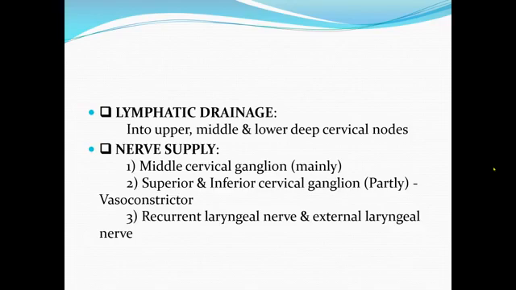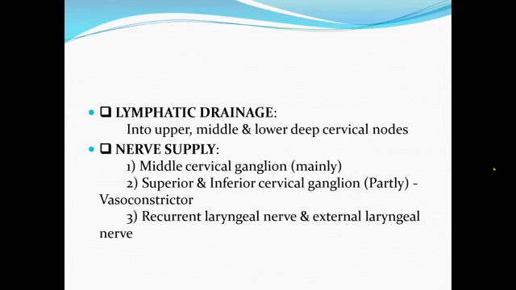The recurrent laryngeal nerve is a branch of the vagus nerve. It supplies all the intrinsic muscles except cricothyroid. A question may be asked here: what are the intrinsic muscles supplied by the recurrent laryngeal nerve?